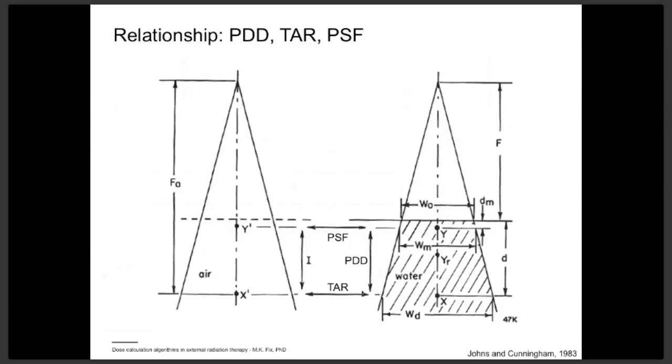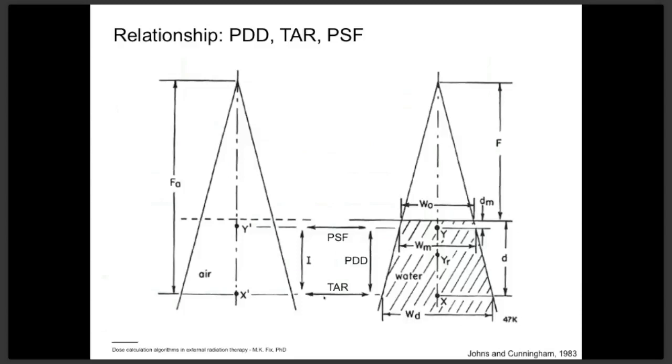The tissue air ratio is at the normal depth. And the one missing is just this one, the inverse square law, which happens to link those points just in air where no attenuation is assumed.